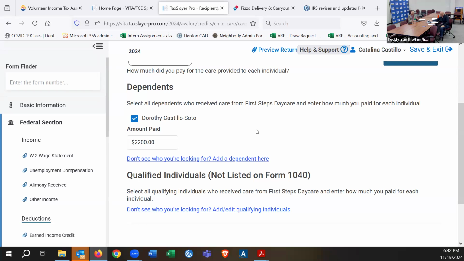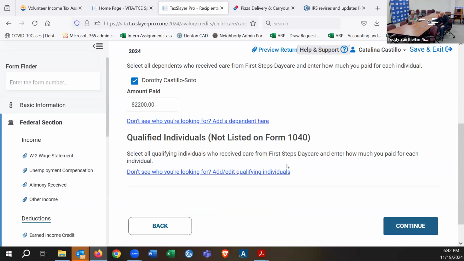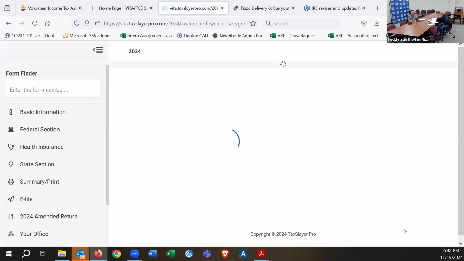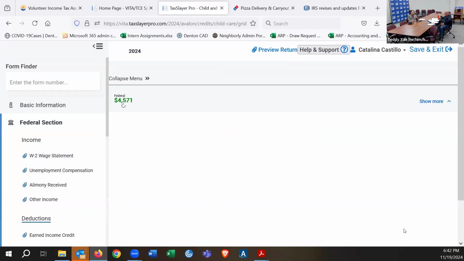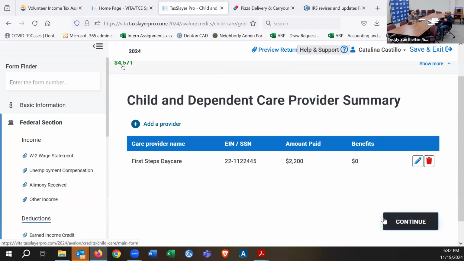But for whatever reason, if they don't show up here, then double check that you've got the dependency correct. So you select the appropriate person, you enter the amount paid, and then you can click continue. And that establishes the child and dependent care.